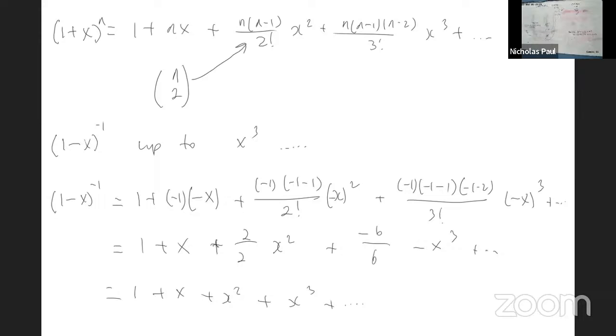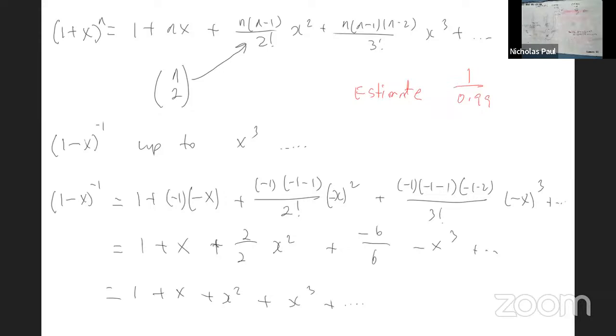Okay, so what will happen if I ask something like this instead? Suppose I wanted to estimate 1 over 0.99. What will you do?